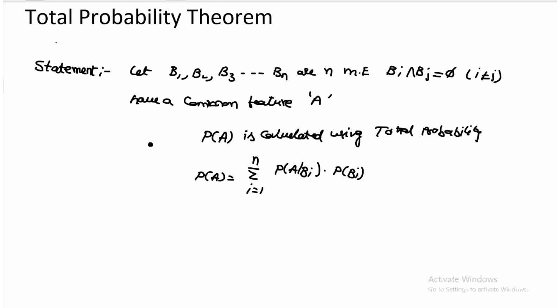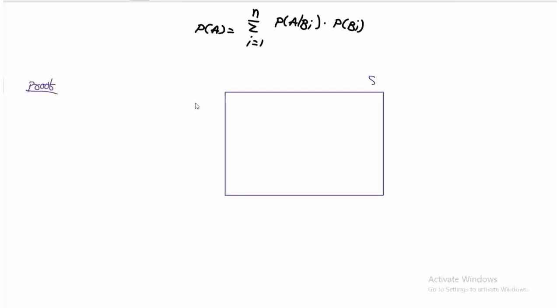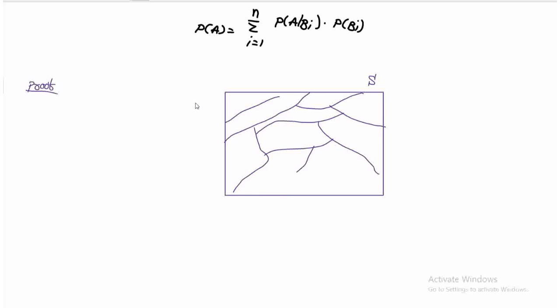Now we go for the corresponding proof here. Let's consider we have a sample space S, and this sample space has n mutually exclusive events such as b1, b2, b3, b4, b5 and so on up to bn, and all these events have a common feature represented as A over here.